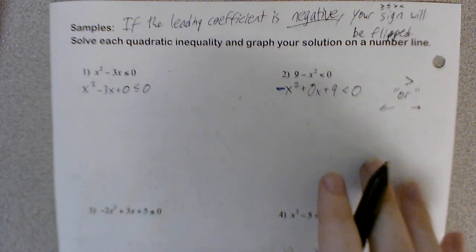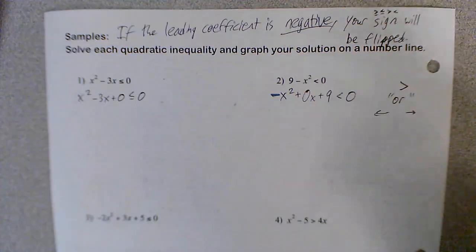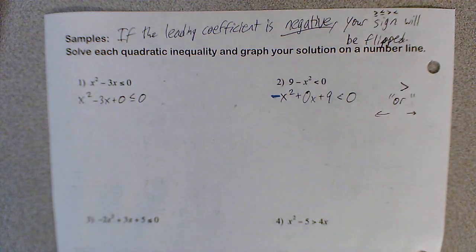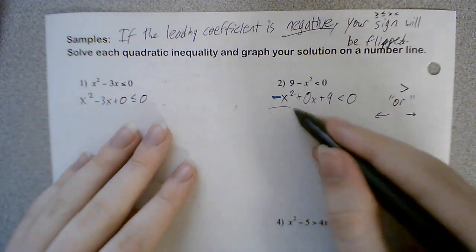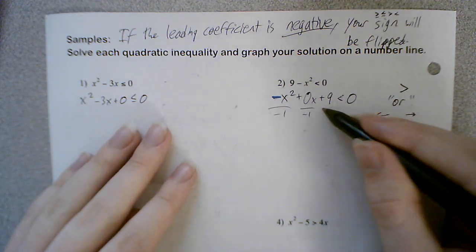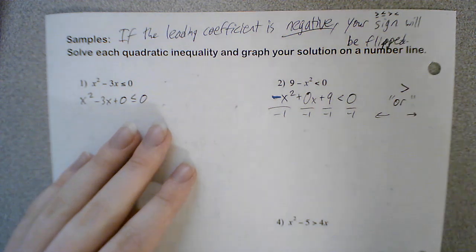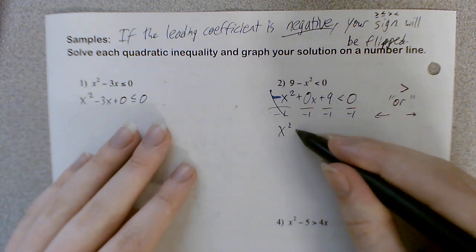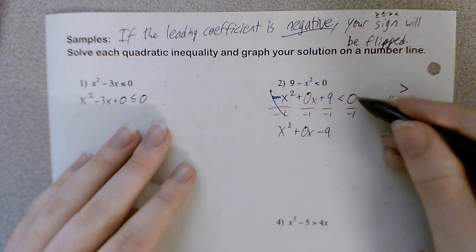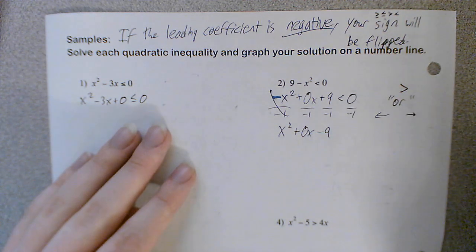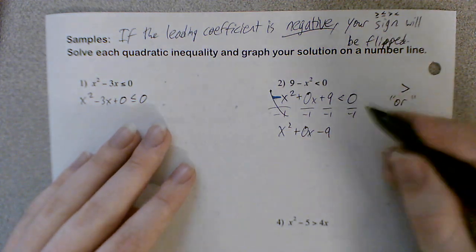But yeah, so this is just a rule. If your leading coefficient is negative, we have to think of it as if the sign is going to be flipped at the end. The solving process is still going to be the same, but we have to think of it as if it's flipped at the end. And I will say the reason why. The reason why is because if we were to divide everything here by -1, to get rid of that negative out front, we would be left with x squared plus 0x minus 9, and then this would flip the inequality sign because we're dividing by a negative number.